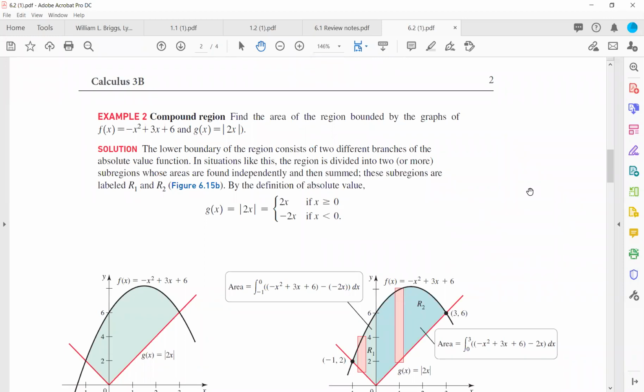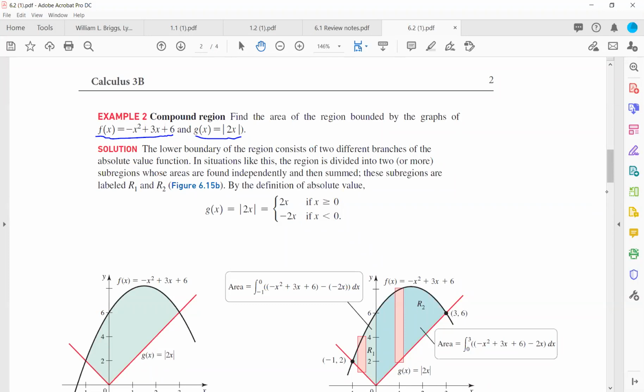First, try to visualize what's going on here. We know that the first function is just a quadratic function. The second function is an absolute value function. So what's the region bounded between these two? How to graph these two functions? How to find the upper bound and lower bound of the region between these two functions?